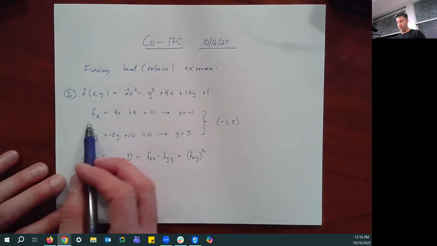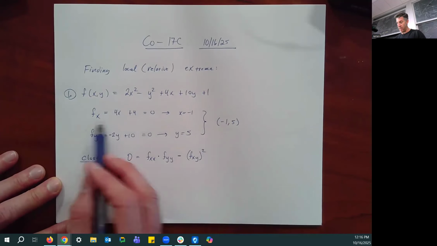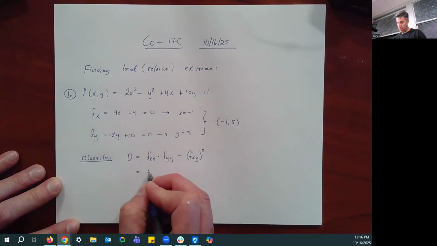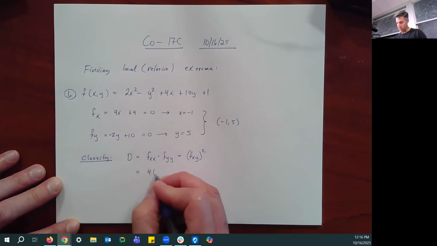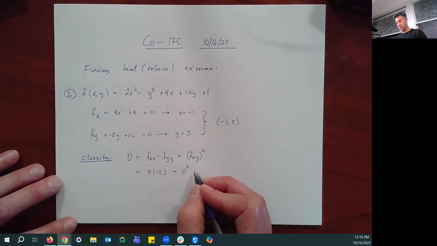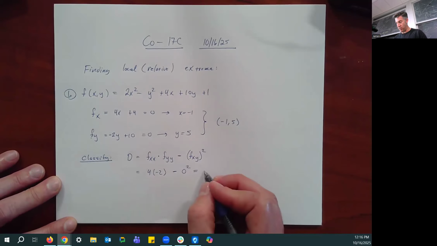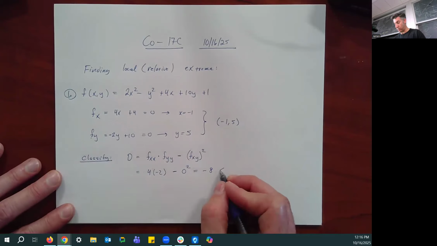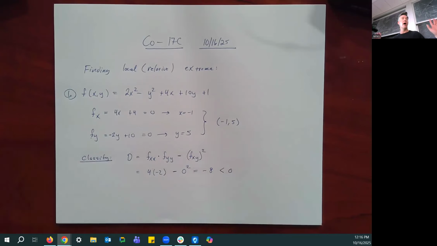So let's find all of our partials. fxx is going to just be positive 4. fyy is going to be negative 2. And fxy, just like last time, is still going to be 0. So in this case, our D value is negative 8. And when D is negative, which it certainly is, we're done. That automatically means we have a saddle.